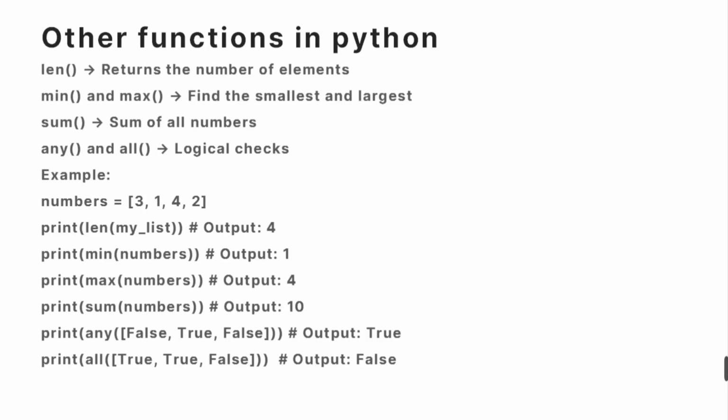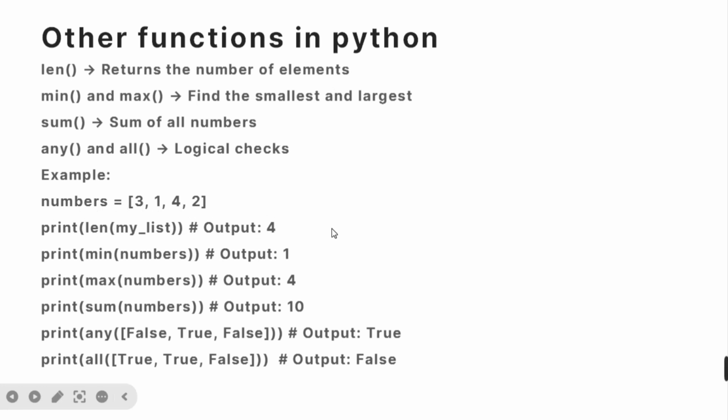Then in Python we have different built-in functions with respect to lists. For example, length returns the number of elements in the list, and min and max are used to find the smallest and largest value. Sum is the built-in function used to print the sum of all numbers in the list. Any and all logically check the elements of the list. For example, here you can see numbers 3 1 4 2. If you print the length of this numbers list, it is 4.